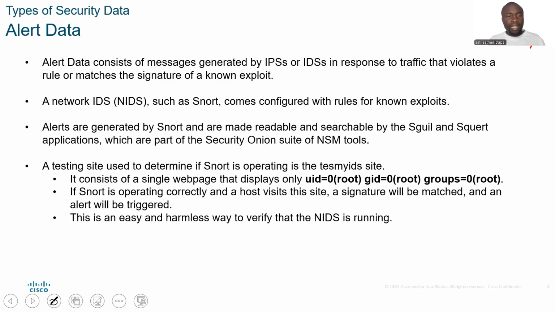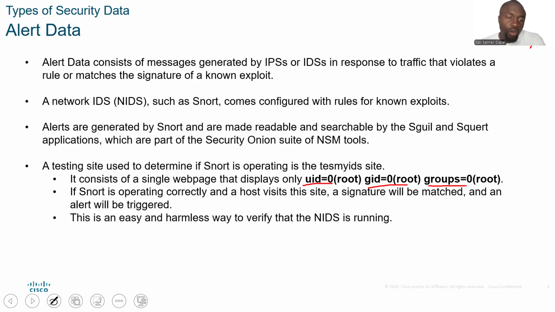A testing site used to determine if Snort is operating is a testmynids site. It consists of a single web page that displays only the user ID, which is 0, or the GID, group ID, or the groups. So it gives you that particular parameter.